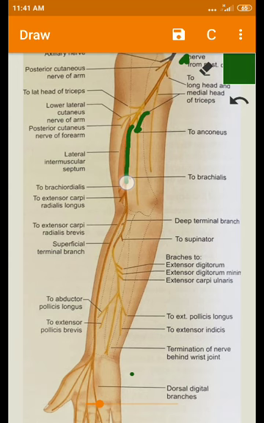So it descends in between. So we know that the lower part of the humerus gives origin to the brachialis muscle. So medially it is having brachialis muscle. From the supracondylar ridge, we know that two muscles originate. One is the brachioradialis and the other is extensor carpi radialis longus.